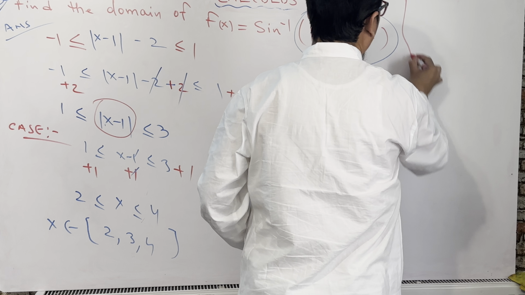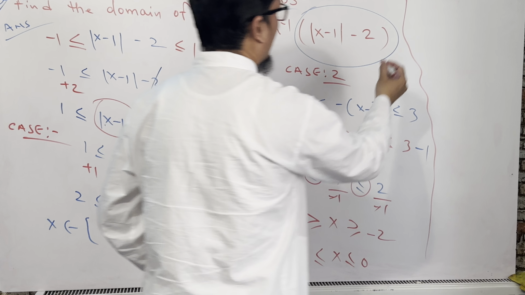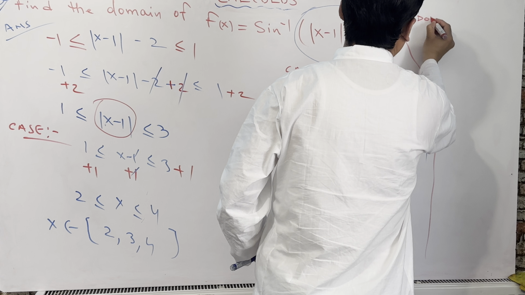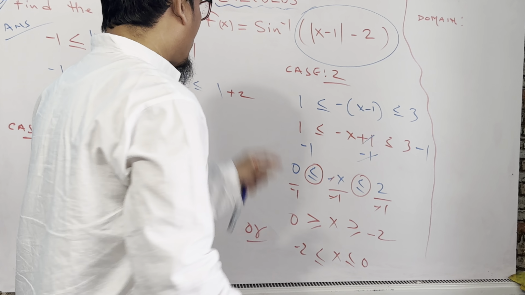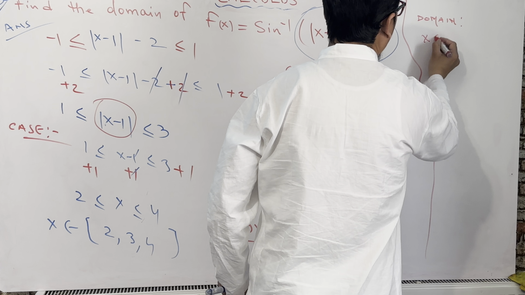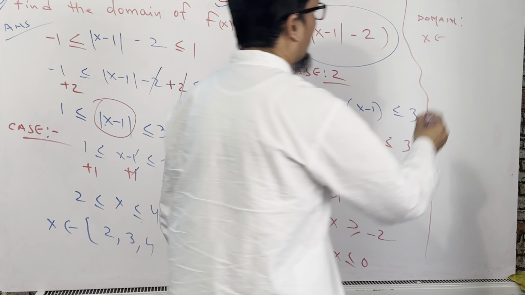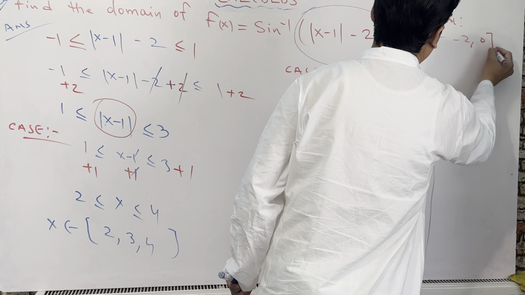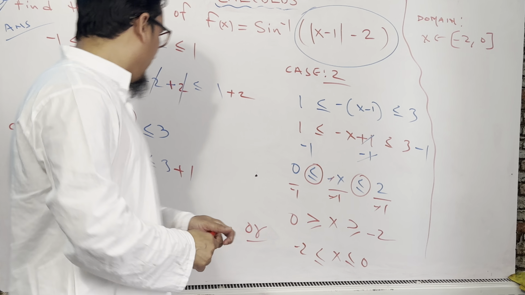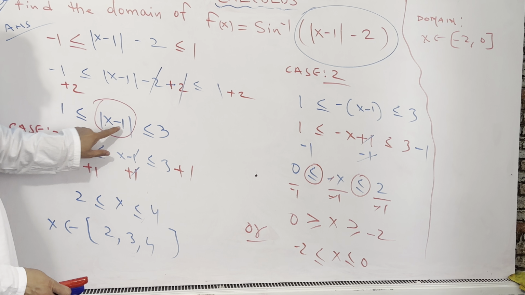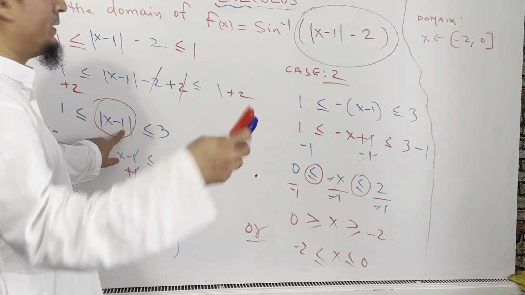So here you can say the domain: x belongs to from minus 2 to 0, right? So minus 2 to 0 means minus 2, minus 1, 0. Here if you put minus 2, so minus 2 minus 1 is minus 3, in mod means 3, right?